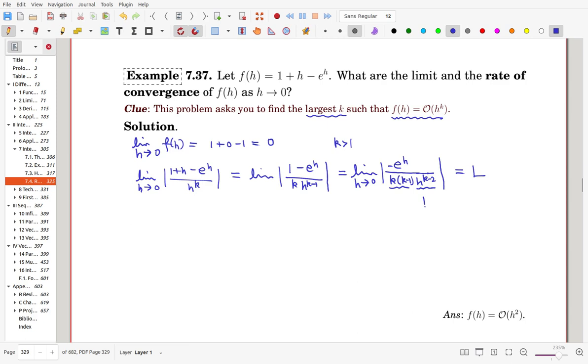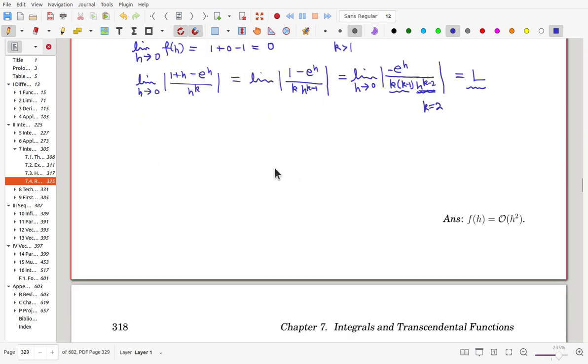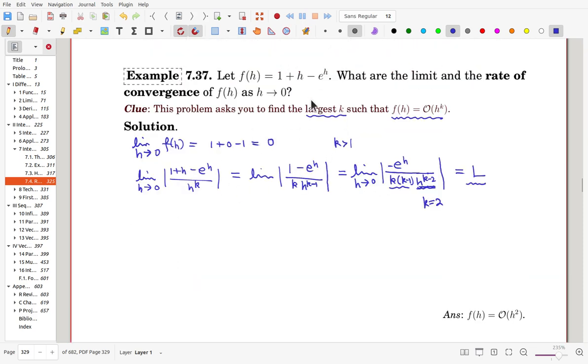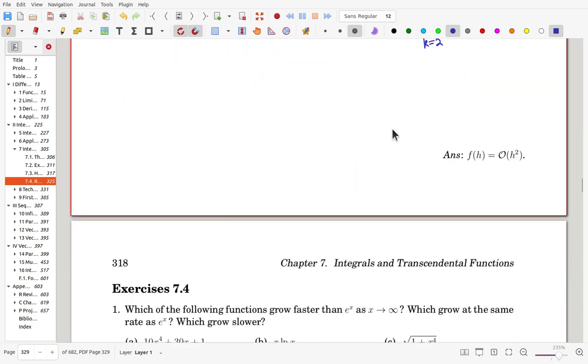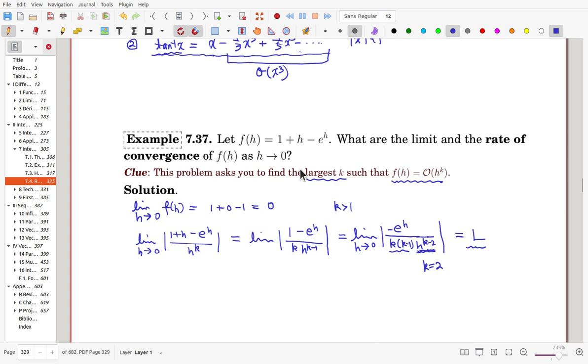Once k is 2, then h to the 0 is 1, so eventually this becomes a constant, right? So the largest possible k is 2, and eventually we can say that f of h is big O of h squared. Okay, that's the end of the section. Thank you.